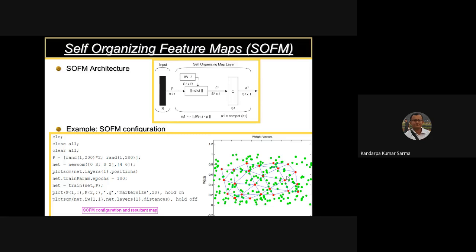The SOM is quite capable of doing feature selection. From a large data set, by the use of the SOM, we can reduce the data size, and then generate the most relevant, the most reliable feature set.